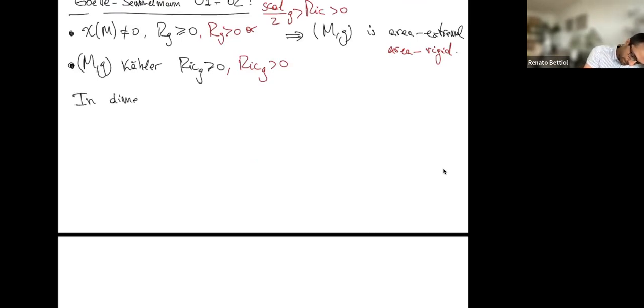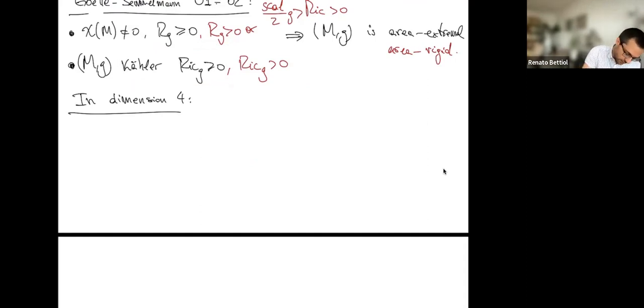So in dimension 4, we can try to prove extremality results with somewhat weaker assumptions than say these.